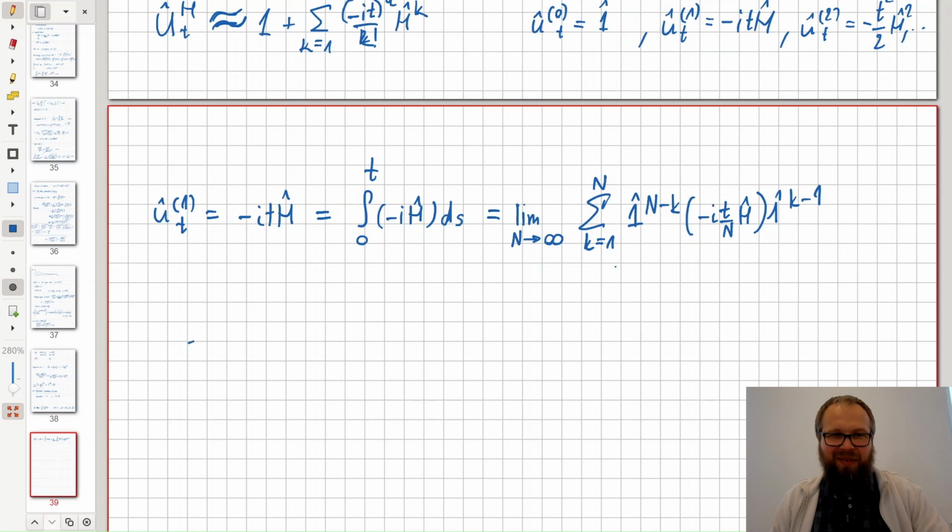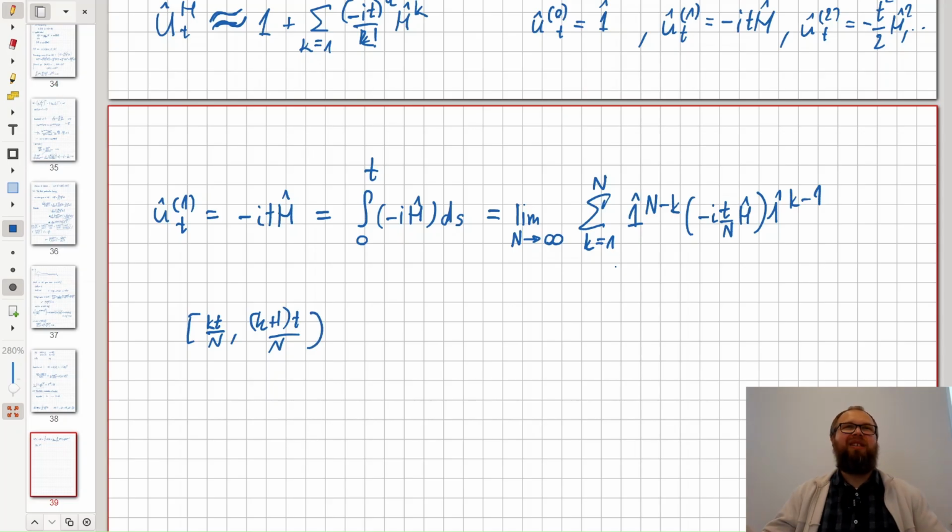So I have kt over n to (k plus 1)t over n. I have a large number of this kind of intervals, right? The endpoint is excluded. Yeah, this is how Riemann integrals work, right?